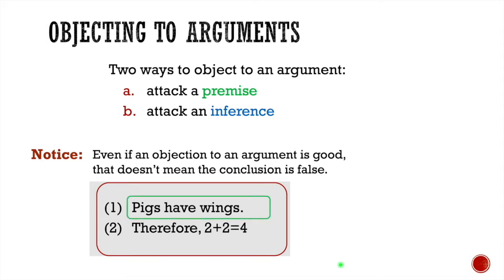The premise is false. Pigs do not have wings. Nevertheless, the conclusion that 2 plus 2 equals 4 is still true. So this is an example of an argument that is bad because it has a false premise. You might also even attack the inference. But the conclusion is still true.